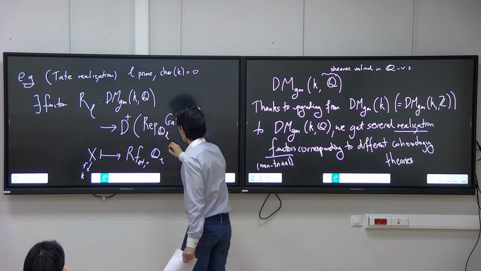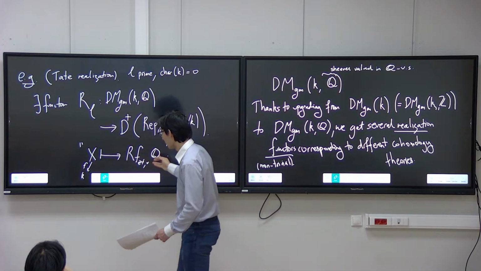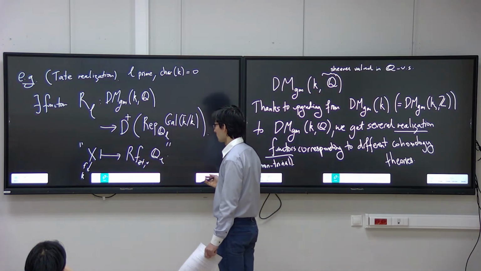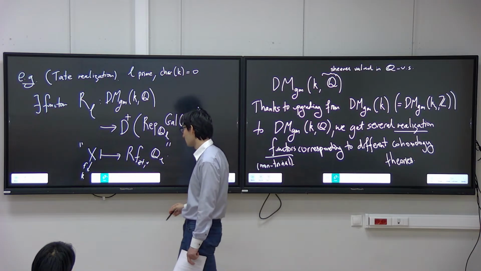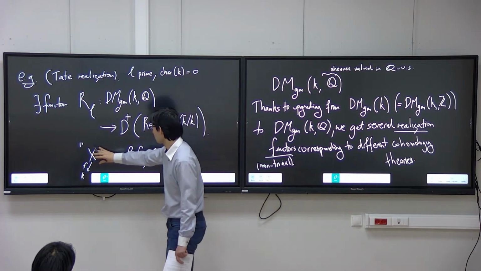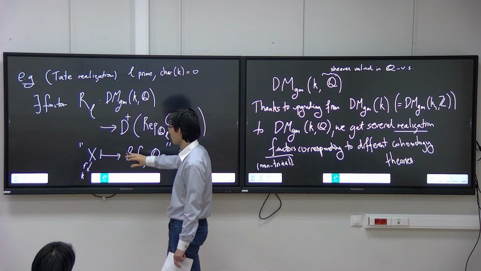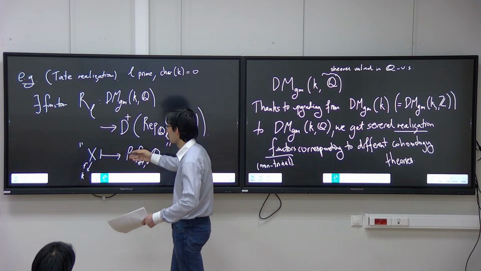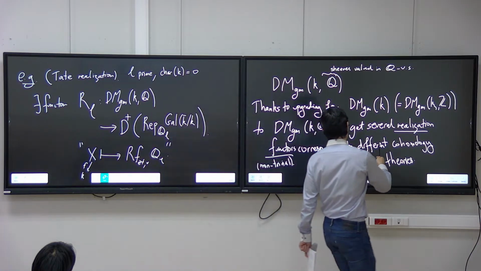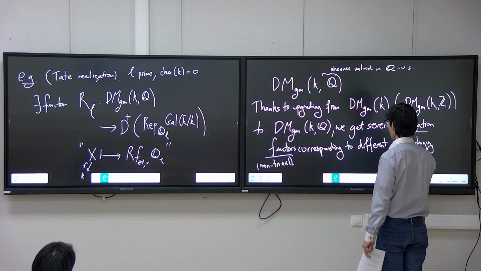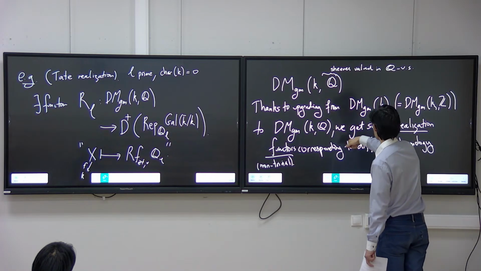So it's roughly this functor. Of course, such a functor literally exists at the level of just varieties, right? If I just restrict myself to schemes of finite type, this exists. And the point is, you can extend such a functor to the entire category of motives through some formalism, like some that I wrote in words here.